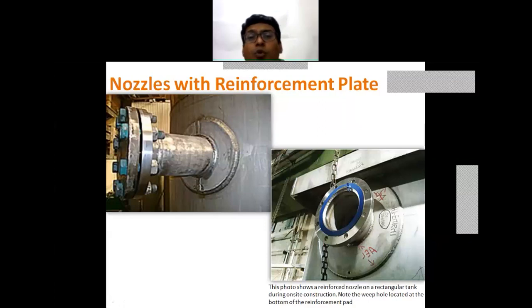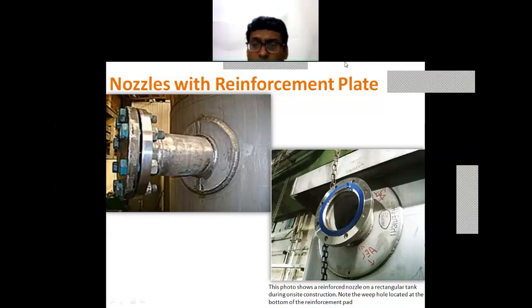Then the nozzles with reinforcement plate. Basically, the material that is cut for the nozzles is going to reduce the strength of a metal sheet. As I am going to make a hole in the vessel wall, it is going to have reduced strength.